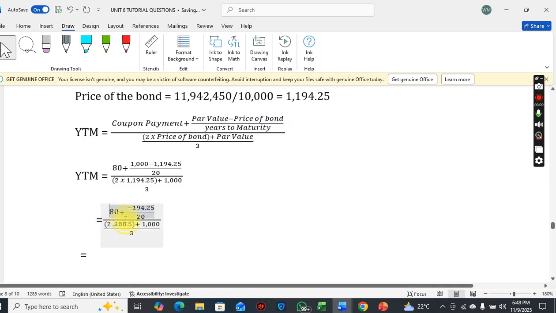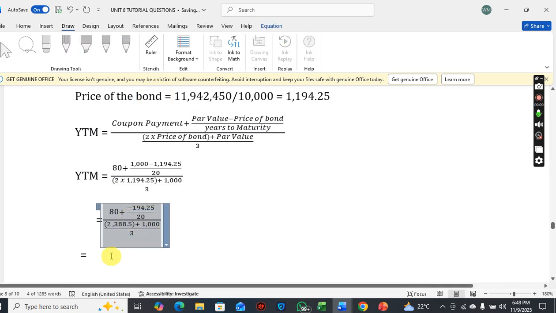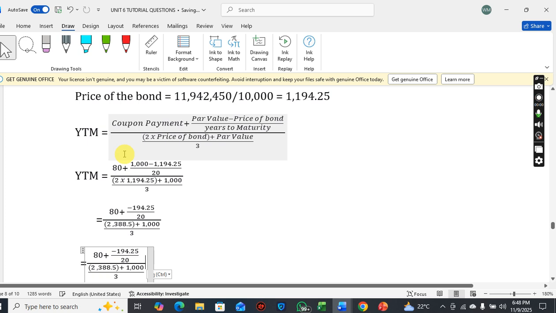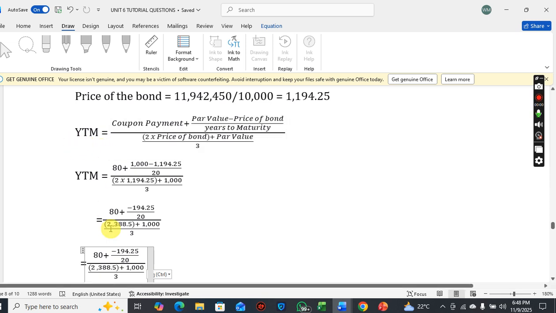Then we're going to say negative 194.25 divided by 20, and we get negative 9.7125.